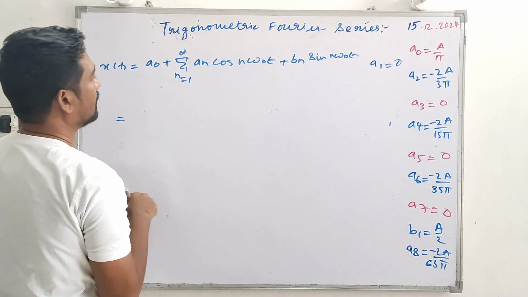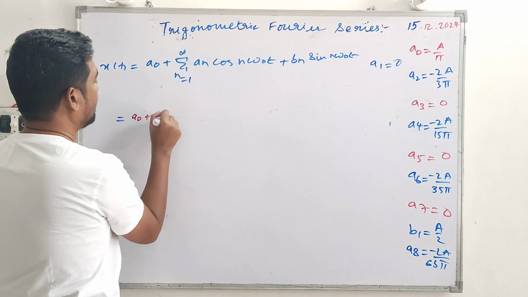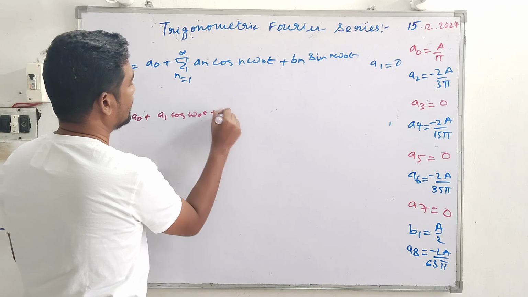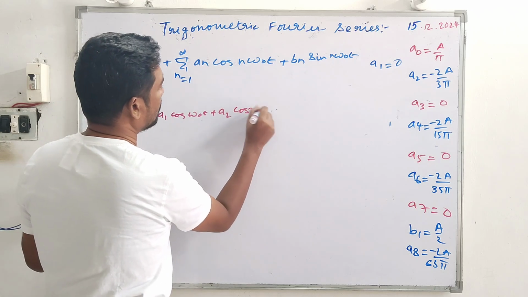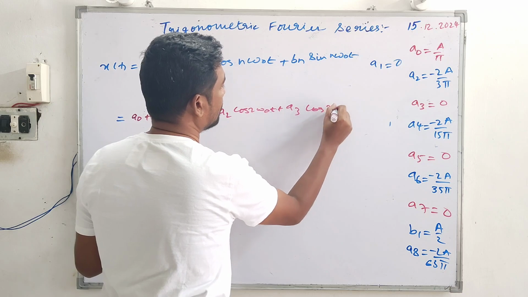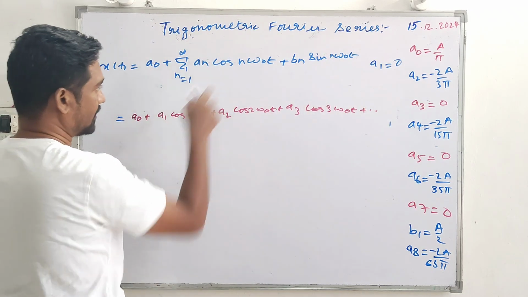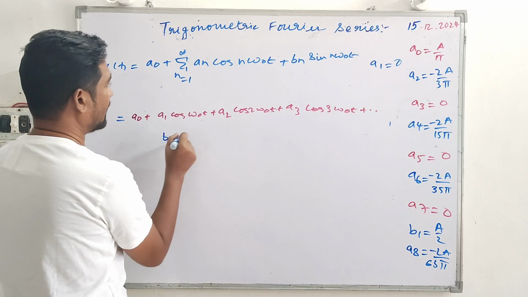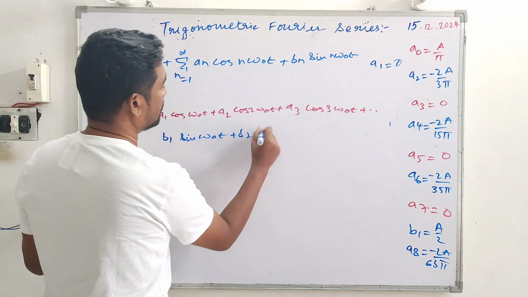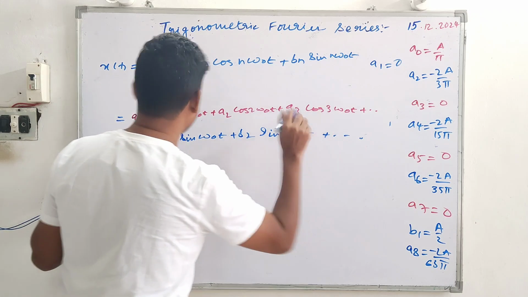So a naught plus a1 cos omega naught t plus a2 cos 2 omega naught t plus a3 cos 3 omega naught t plus etc. It tends to infinity for this, and b1 sine omega naught t plus b2 sine 2 omega naught t etc. It goes on to infinity.